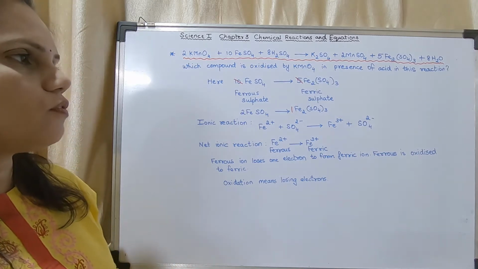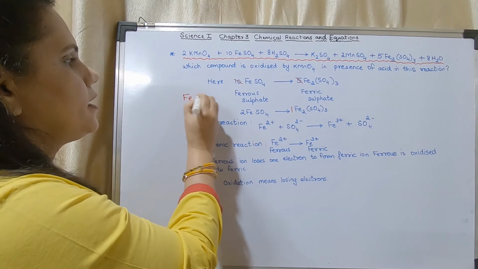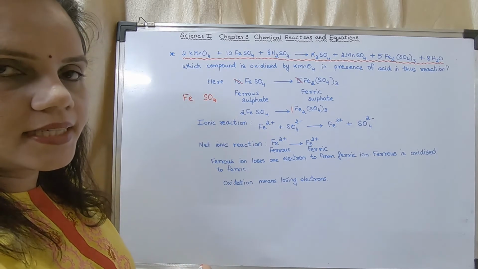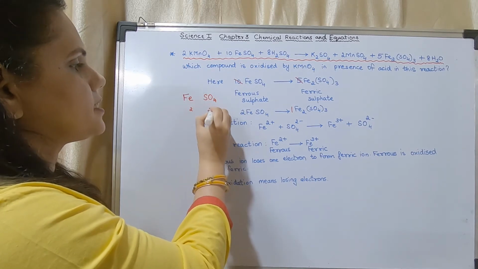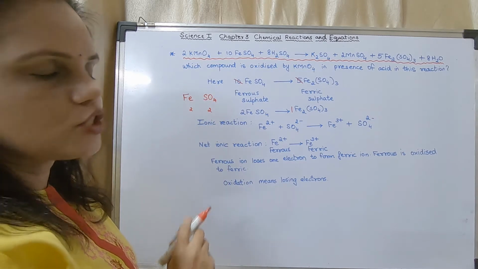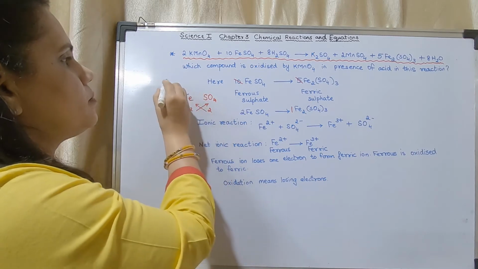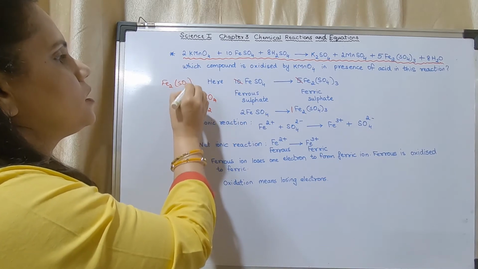Now FeSO4, when you write FeSO4, in last year, that is in 9th standard, we had studied when you write the molecular formula using valencies, the valency of Fe is 2 here, the valency of SO4 is 2 here. So when you write them crosswise, it becomes Fe2(SO4)2.